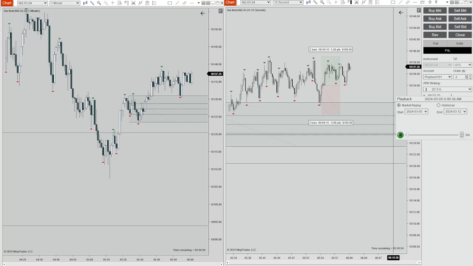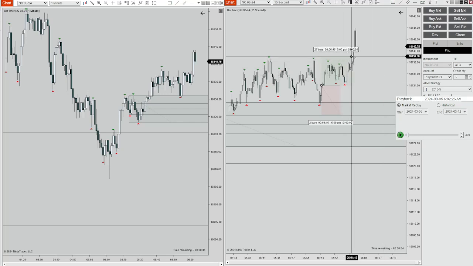Come on, there we go. Okay, so my first trade. After all that, I'm happy with that.